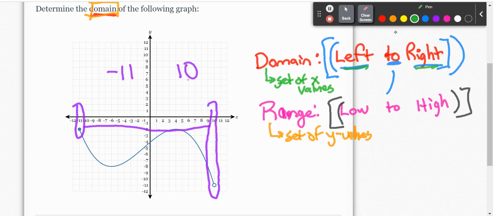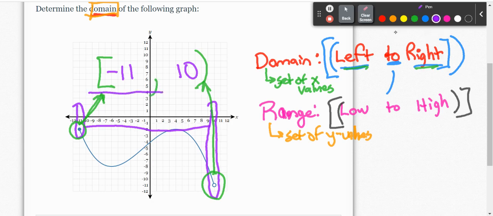And so what I do is I put a bracket on -11 because that is a closed dot, and closed dots translate to brackets. And then this is an open dot at 10, so this is a parentheses to close. And then you put a comma in the middle, and that will be your interval notation solution for domain.